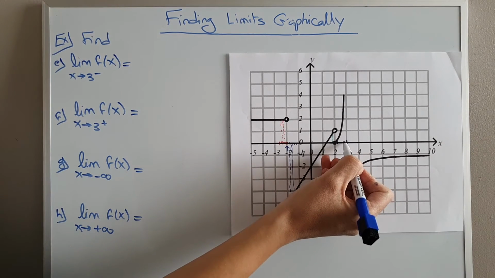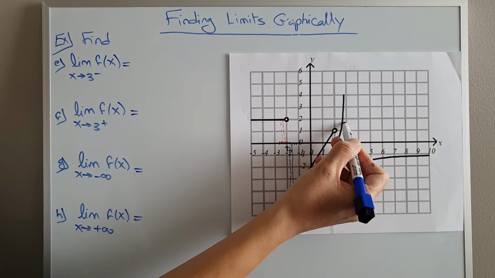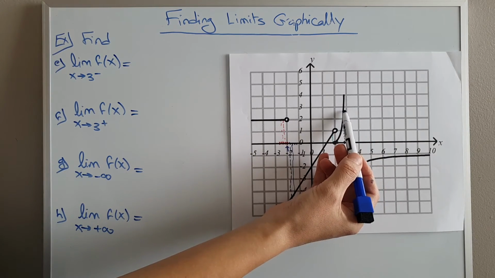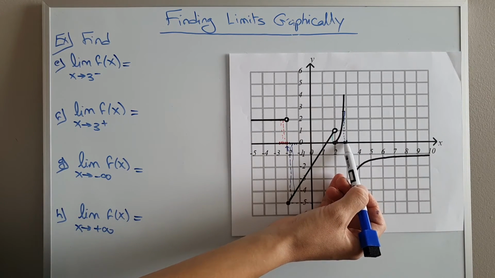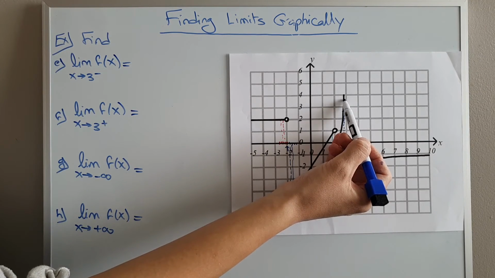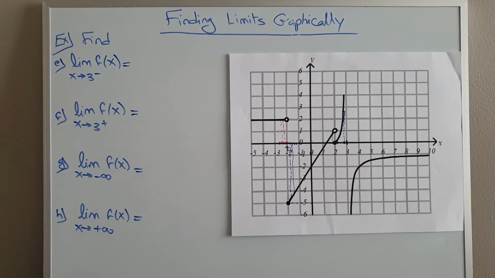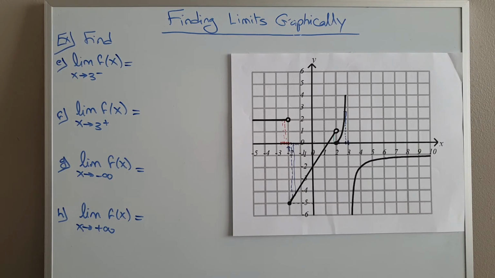If I try to locate the value of y, some of you might say this is close to 3, but notice if you move closer, the value is closer to 4. If you move even closer, the value is increasing and increasing. Even though they just drew this part of the graph, you should keep in mind that the graph is actually going upwards.